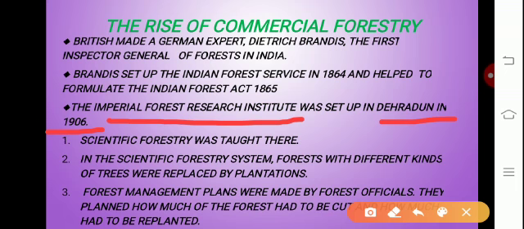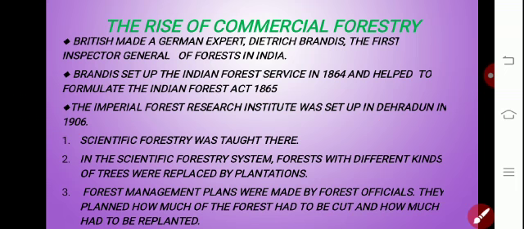Forest management plans were made by forest officials. They planned how much of the forest had to be cut and how much had to be replaced. It was clearly decided by the forest management, which was also made by the government, and they used to take the decision how much forest should be cleared and how much should be replanted.